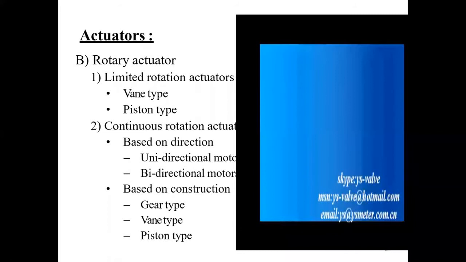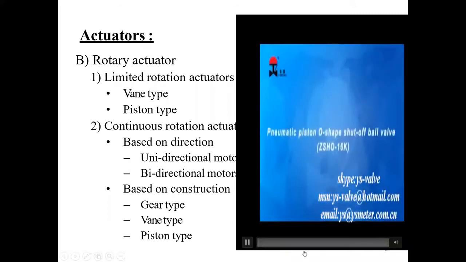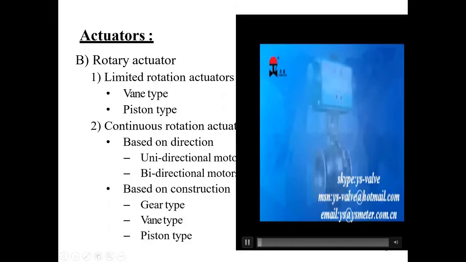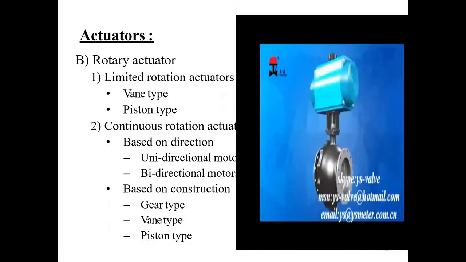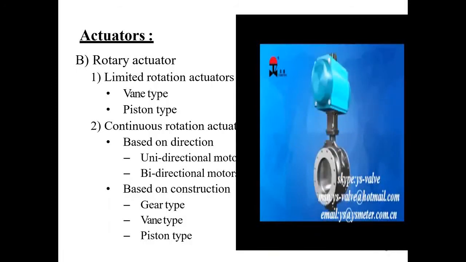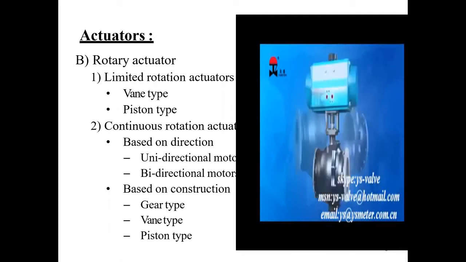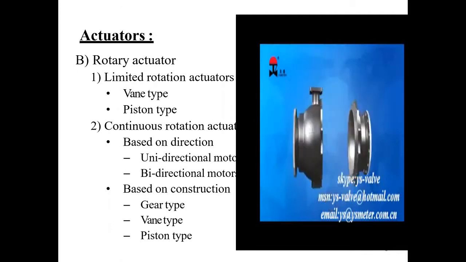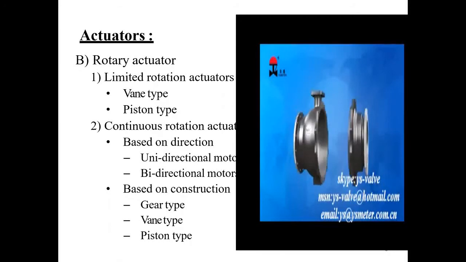Pneumatic piston O-shaped shut-off ball valve, ZSHQ 16K. ZSHQ pneumatic piston O-shaped shut-off ball valve applies dual-piece ball valve construction. The valve body consists of two parts, primary and secondary.